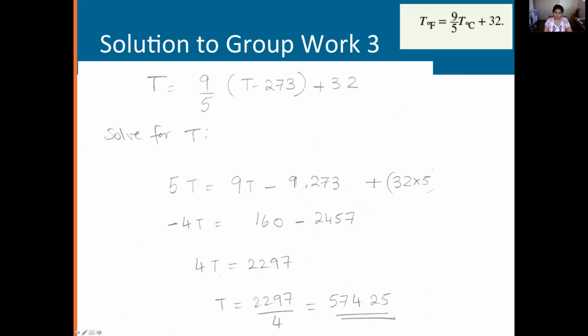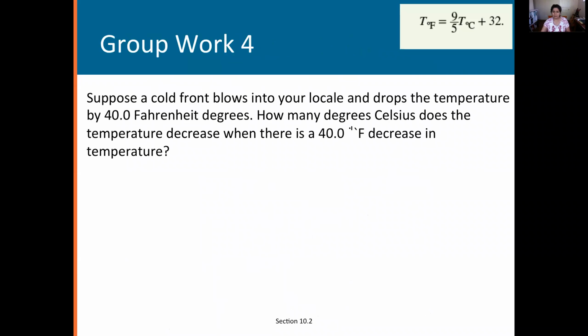Yeah? Okay. Another question. Suppose the cold front blows into your locale and drops the temperature by 40 degrees Fahrenheit. How many degrees Celsius does the temperature decrease when there is a 40 degrees Fahrenheit decrease in temperature? So just a little more tricky way of doing this.